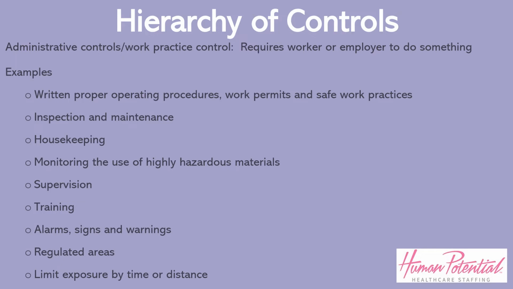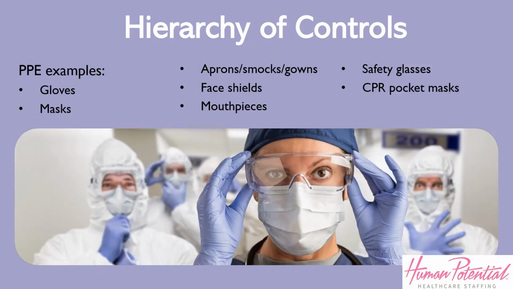We want to limit exposure by time and distance as well, by shortening the amount of time a worker is exposed to a task involving the hazard, and extending the distance the hazard is from workers.